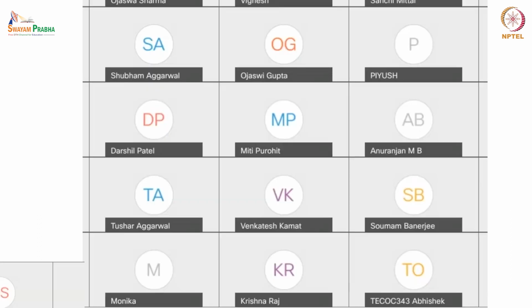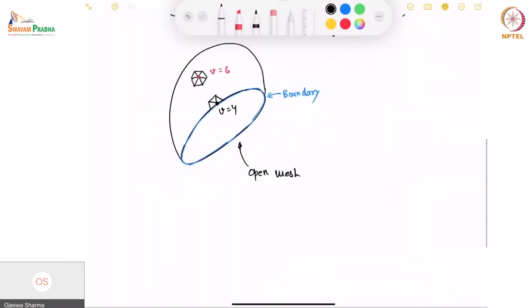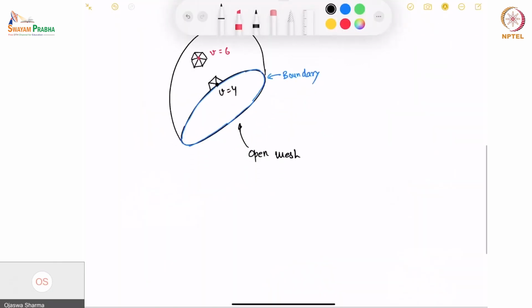So maybe I can quickly talk about manifolds as well. There is a notion of a manifold mesh or a manifold surface versus a non-manifold surface. You may have heard this somewhere, but manifold versus non-manifold.